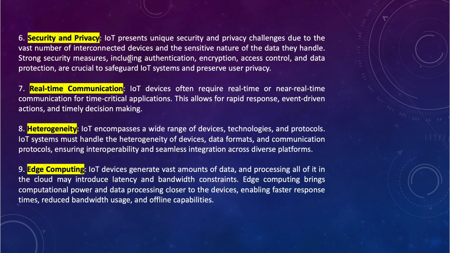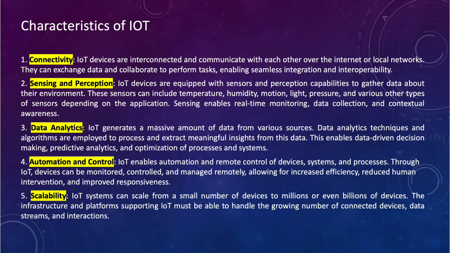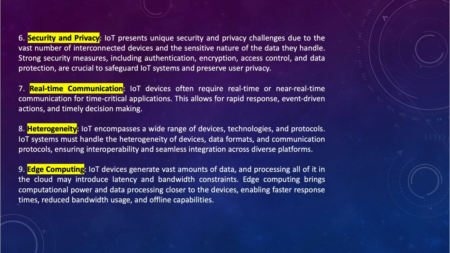When we say security and privacy, it's among the communication as well. Real-time communication, we talked about this. Heterogeneity and edge computing. So when giving an IoT solution, these points will be there in that particular solution, right? So these are the characteristics that you may see in an IoT system.